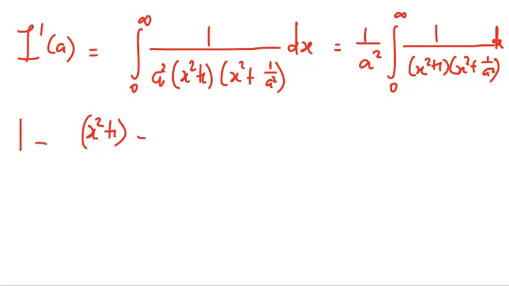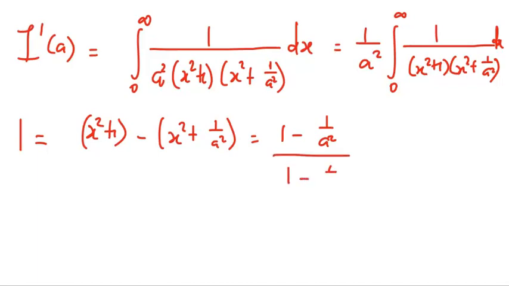Let's say 1 will be equal to, now let's check, x squared plus 1 minus (x squared plus 1 over a squared). If you check this difference, it is going to give us 1 minus 1 over a squared. But this is not equal to 1. Then we need to as well divide by 1 minus 1 over a squared. I don't know if you get the idea or if you get the magic.